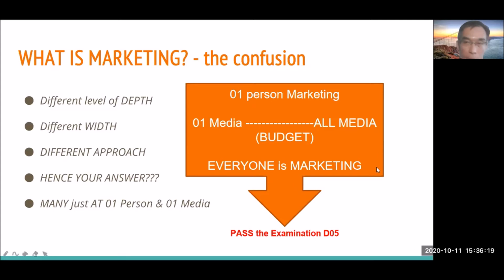You have a marketing team, then you have the whole sales team, everybody is involved in marketing. You can also look at it from the budget side, which media you use. Are you using one way to market, or more ways or media to market? If you can answer both the depth and the width, then you will have a very good, complete answer, and therefore this answer may win you a pass in the exam.